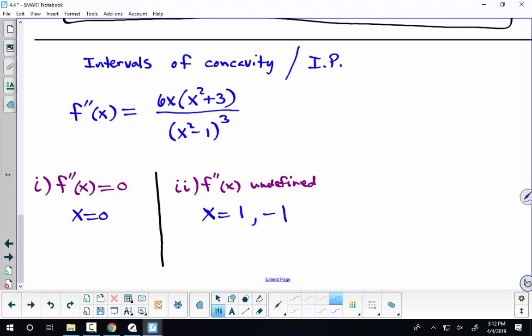Do we include those as part of our test? No, again, they're not in the domain of the function. We just get this x equals 0 to test in the second derivative, or around.